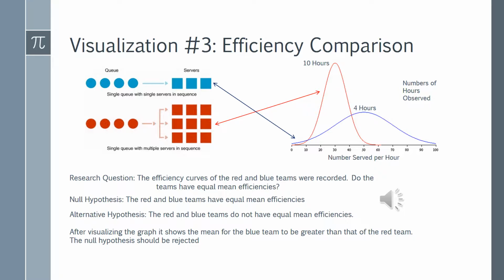My conclusion would be, after visualizing the graph, it shows the mean for the blue team to be greater than that of the red team. Therefore, the null hypothesis should be rejected because they do not have equal mean efficiencies in this scenario.